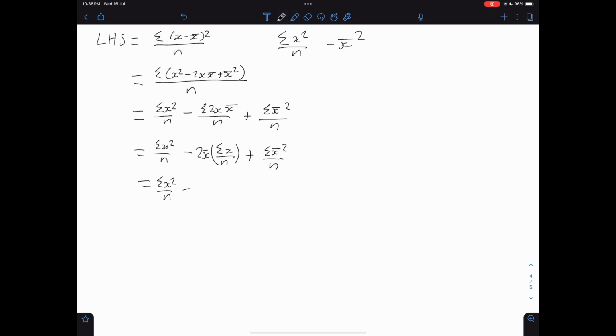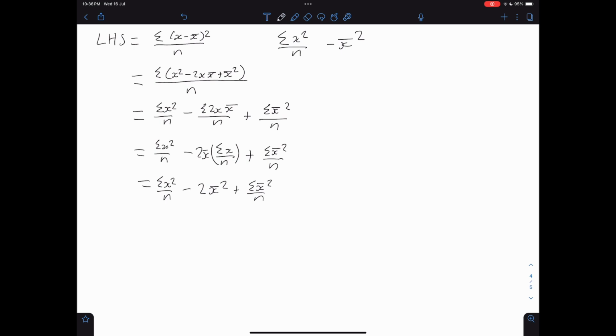So we extract that 2 times x bar, and we're left in the bracket with the sum of x over n, and we know that's equal to the mean, so we can just write that as 2x bar squared, and plus again x bar squared over n.